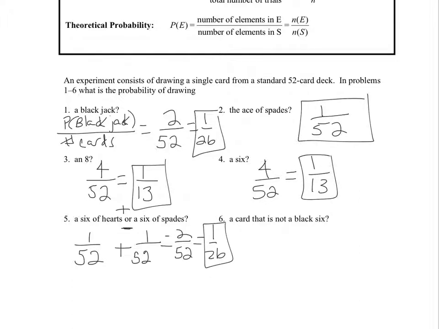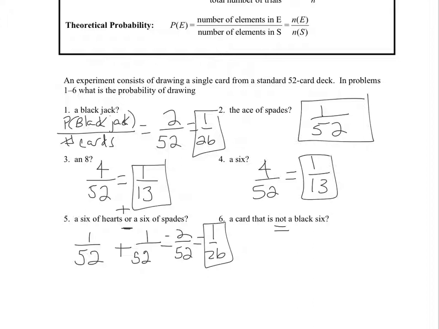And then the last one, we need to think carefully about the easiest way to come up with this one. Since we want a card that is not a black 6, pay attention to that word "not." The easiest way to calculate this is to take the complement. That would mean that it's going to be finding the probability that we would have a black 6, and then we subtract that from 1, because remember, 1 is 100%. If we get a probability of 1, it's everything that's been counted up.